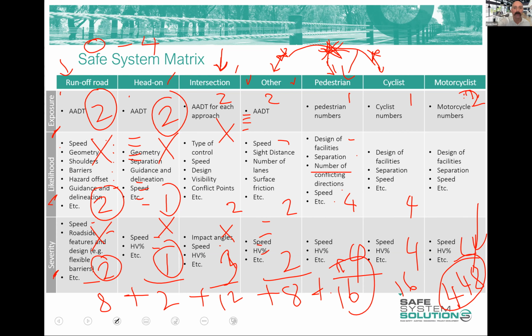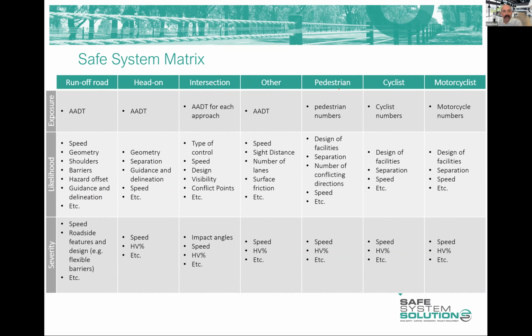So in this one, immediately we can see pedestrians and cyclists, even though they're low volumes, are still at the greatest risk. And we can see some other things there, and it tells you a bit of a story. Okay, so we've got our baseline, our existing conditions, and then we take that and we go off and we start to look at the designs and we start to alter it.